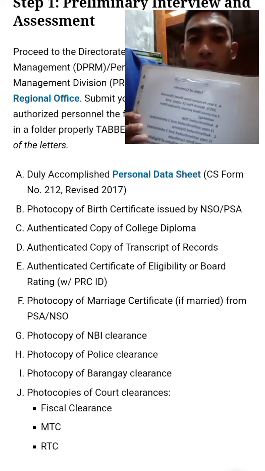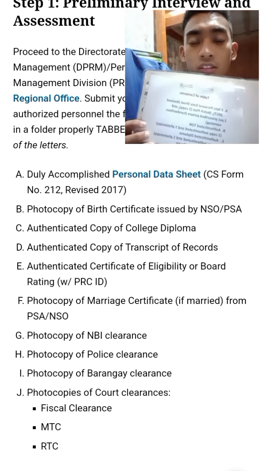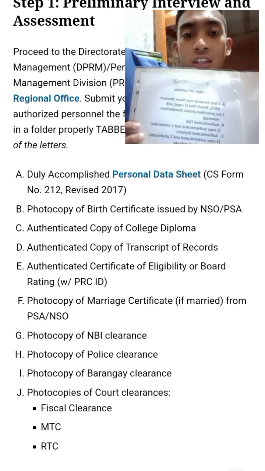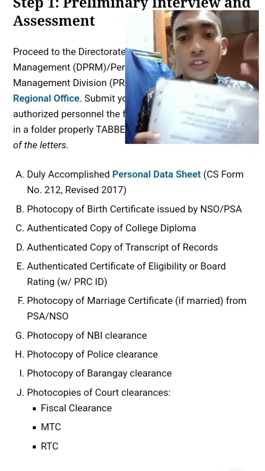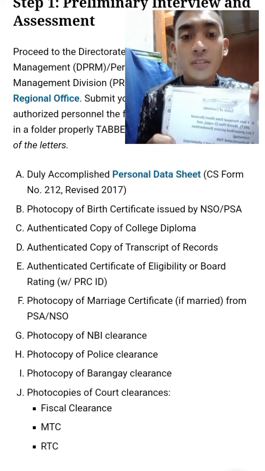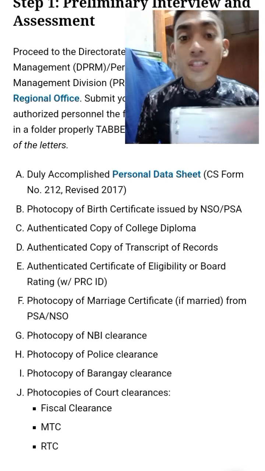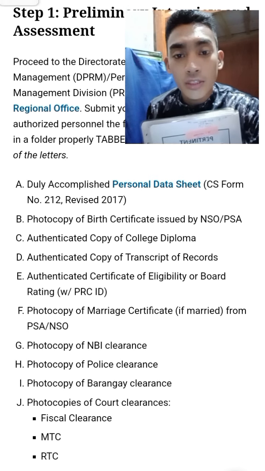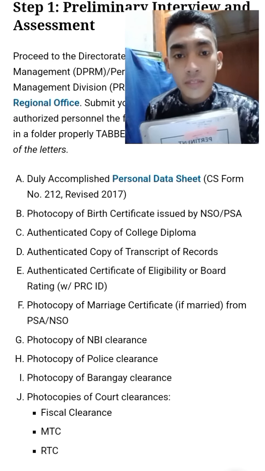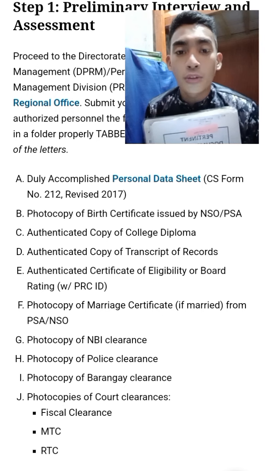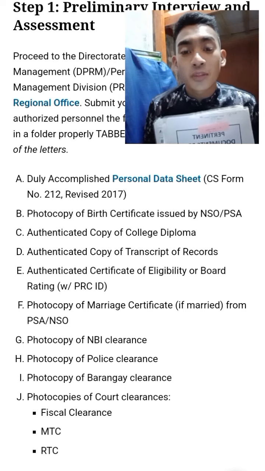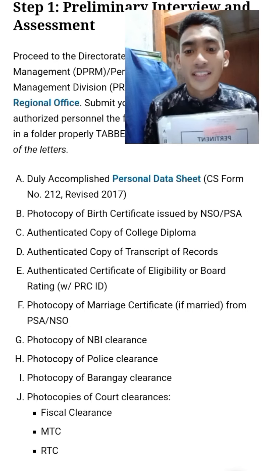As you can see here below, it is lettered from A to K. So first, your personal data sheet. If you're wondering where to get the personal data sheet, you can download it, click the link, the color blue here, the personal data sheet, and it will allow you to download the Civil Service Form number 212, revised 2017.